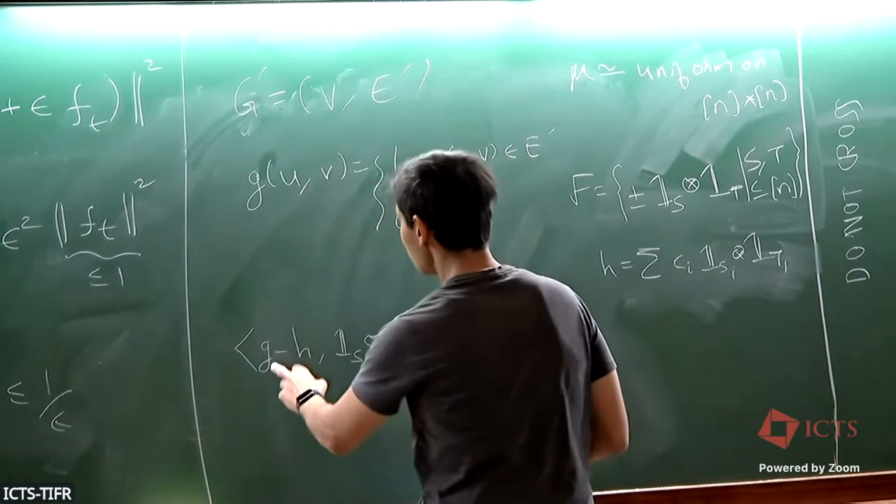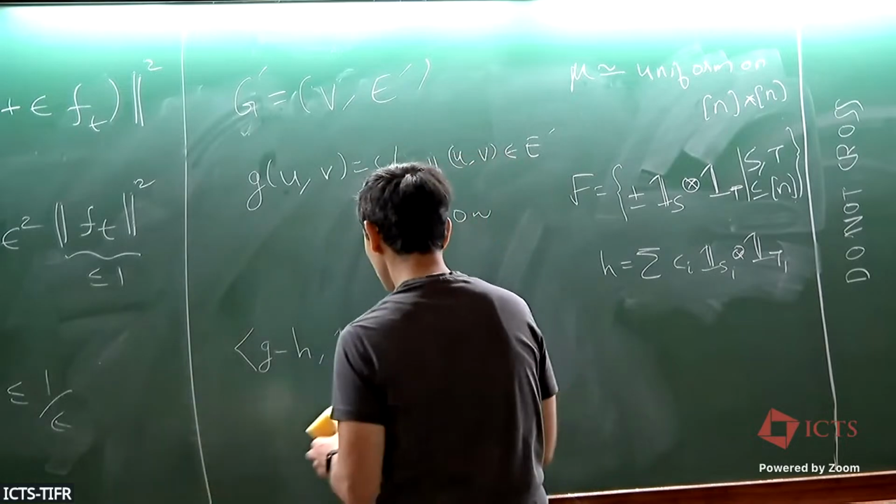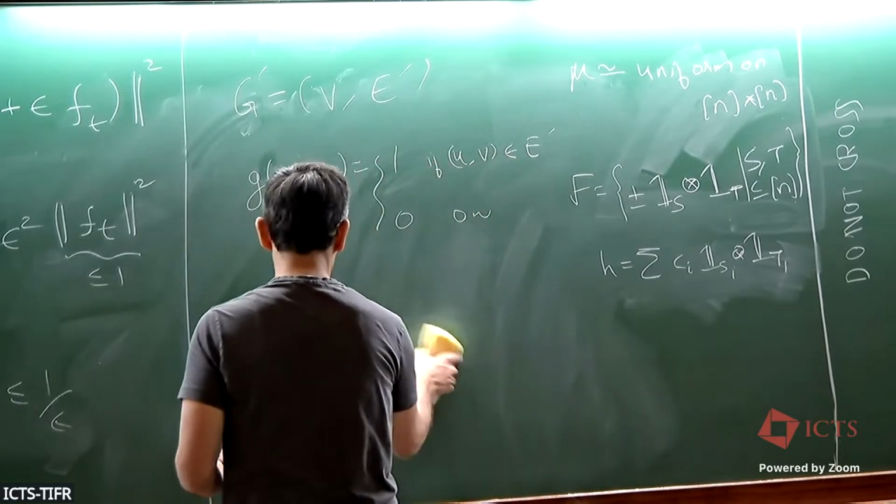So first of all, G is this function, and if I look at its product with this function, what is G inner product this? Let's write it down.